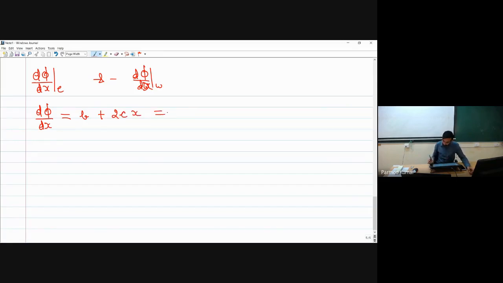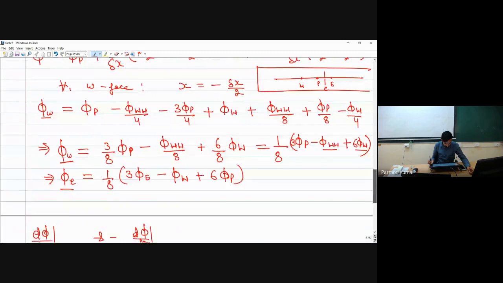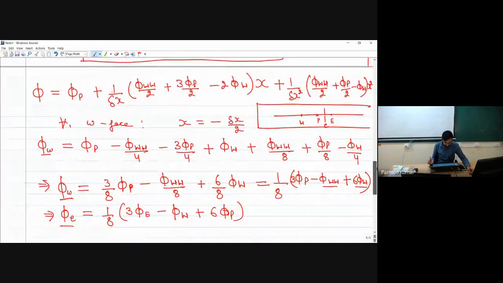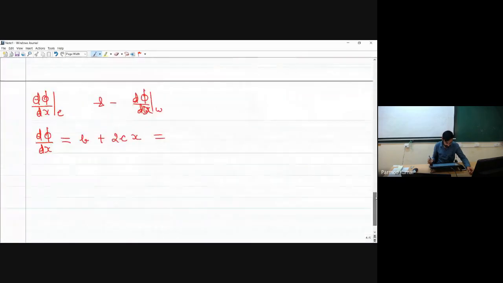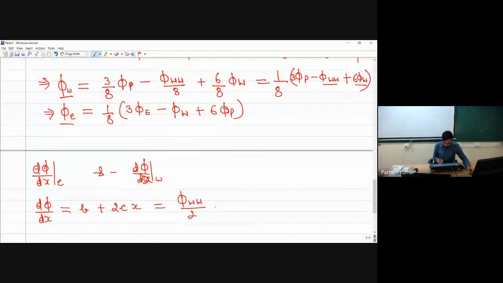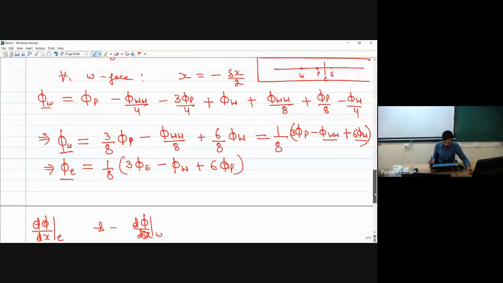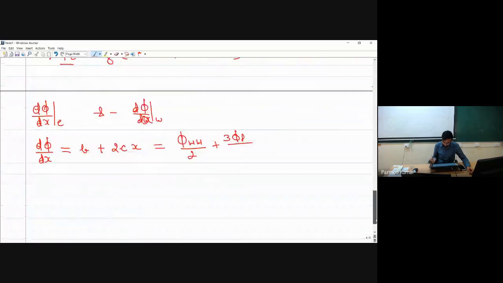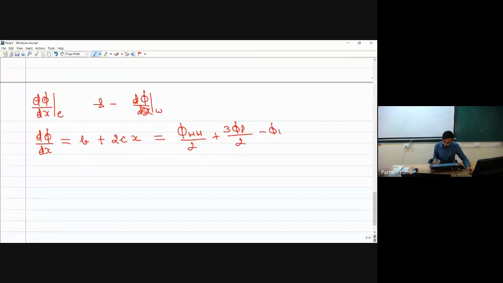Okay, so what is the value of b? Please say the value of b. Phi WW divided by 2 plus 3 phi p divided by 2 minus phi w. And what about plus 2 times c into x?